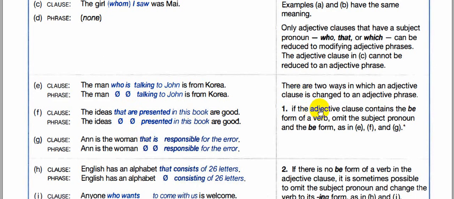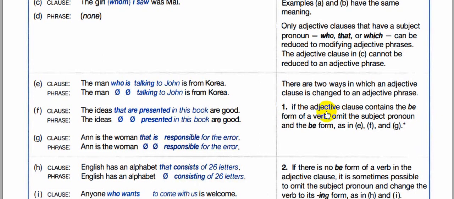So the first way is that the adjective clause contains the be form of a verb. To reduce this clause, you need to omit the subject pronoun, here in this case who, and in this case that, and here as well that, plus verb to be.